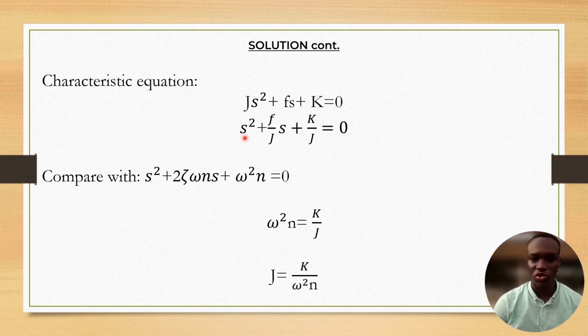The next thing to do is to compare it with the standard second order system equation form. Doing that, we take the last term, which is omega n squared, and compare it to the last term of our denominator, which is K over J. Having done this, we make J the subject and find the equation for J, and then we call upon the next person to help us calculate the value for J.